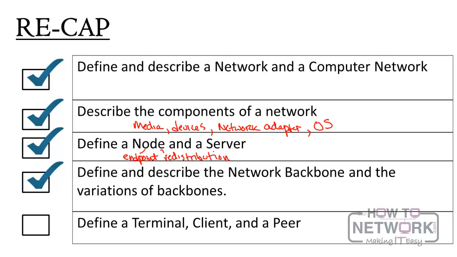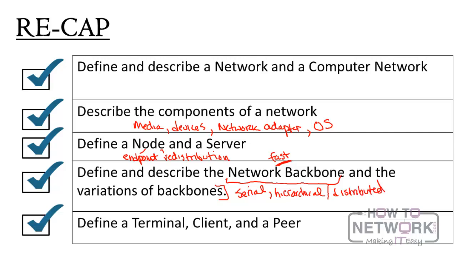We defined and described the network backbone, remember, which is really fast. And the different variations of it, which, if you recall, included serial, which is one after the other, hierarchical, also called distributed.